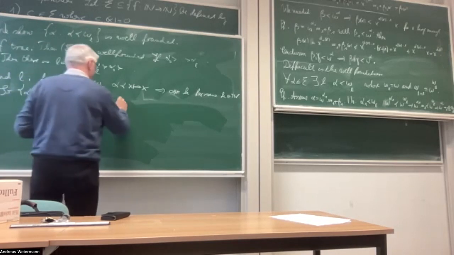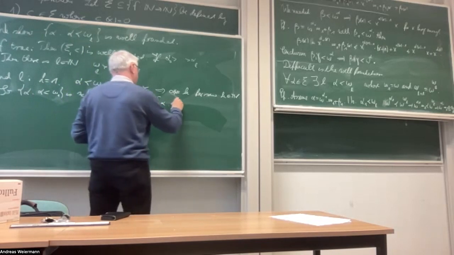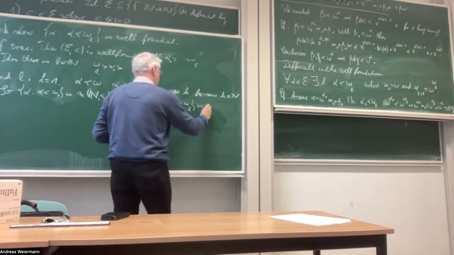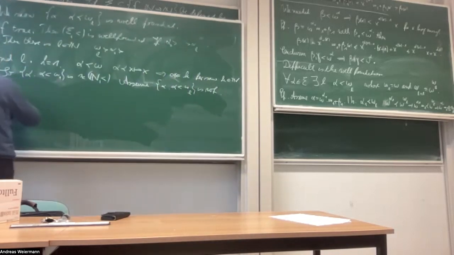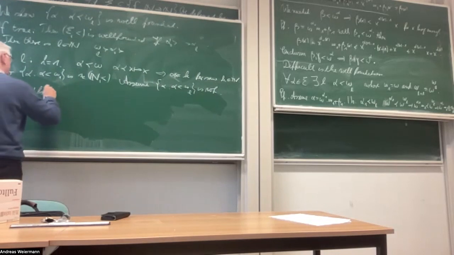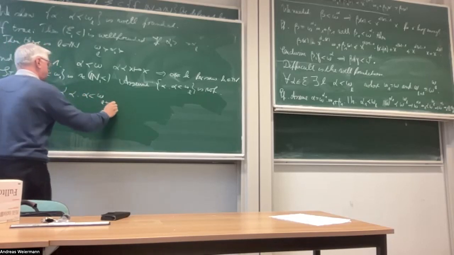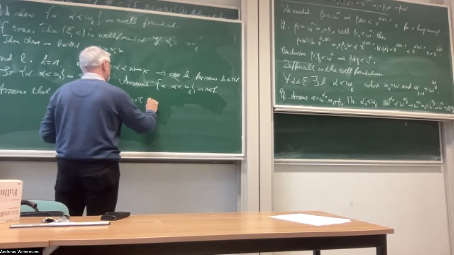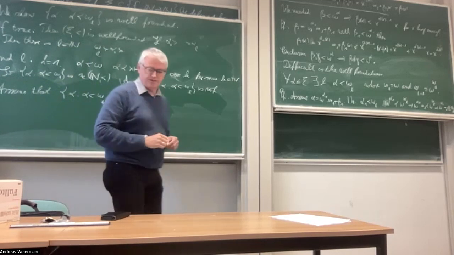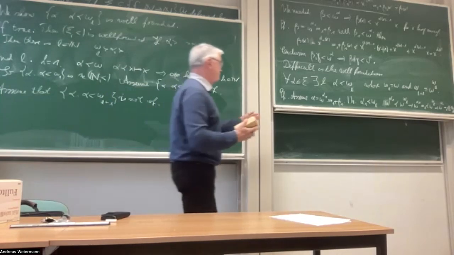Now assume therefore that alpha smaller than omega index L is well founded. And for contradiction, assume that this is not well founded. Yeah, then what I do is I pick an infinite descending chain.